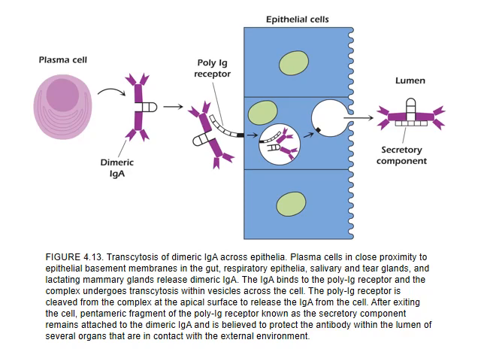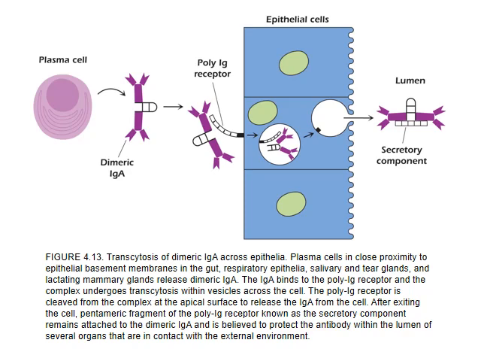So you can see from here, once they are made by the B cell, when a B cell wants to give birth to antibodies, it increases in size. It's called a plasma cell. It is a B cell, but when we look under the microscope, it looks larger. So the plasma cell gives birth to dimeric IgA.